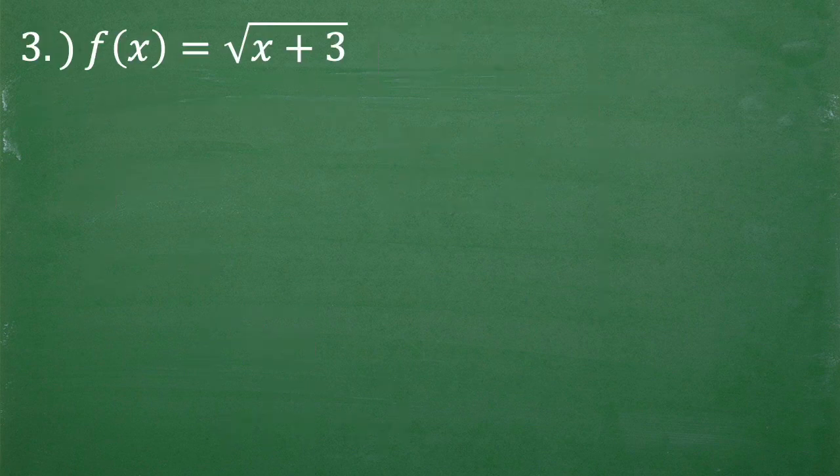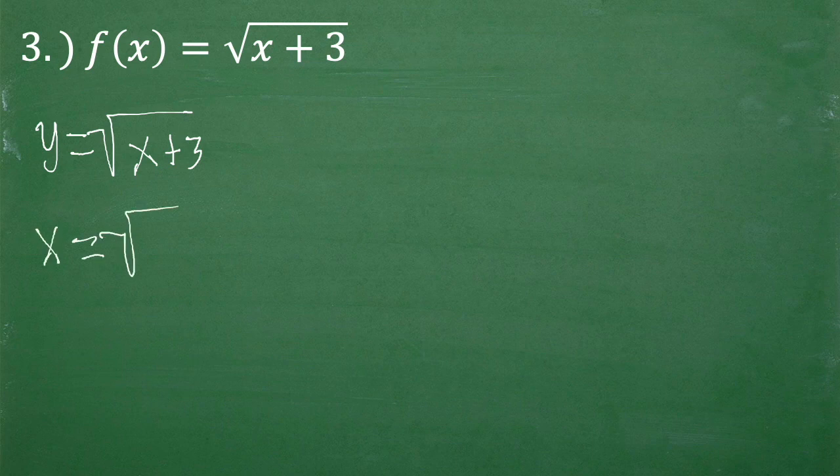So we have this function. Let's now take the inverse of this function. We have y equals the square root of x plus 3, and then interchange x and y. So we have x equals the square root of y plus 3. Then square both sides.